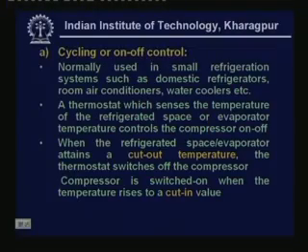That means when the thermostat senses that the temperature has reached the cut-in temperature, the switch is closed and the compressor starts running again. So in a nutshell, when the temperature reaches cutout temperature, the compressor is switched off, and when the temperature reaches cut-in temperature, the compressor is switched on again. So this is the principle of a thermostat control, on-off control.